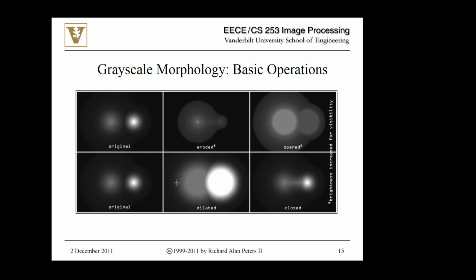So we have this original, and now the foreground is bigger. Erosion was the opposite, making the background bigger. This image is darker than this one. We will see how to construct it, but see the background has grown. And then opening was first eroding and then dilating. Closing was the opposite.